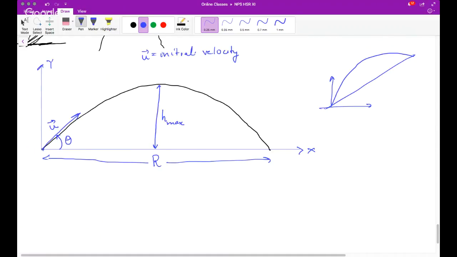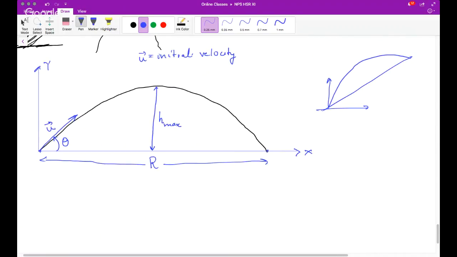From the initial point to the point where it makes contact with the ground again is called range. Let us say this is point A, this is B, and this is C, and let's say the highest point is D. So AB is my range. So what is range? R is equal to range.